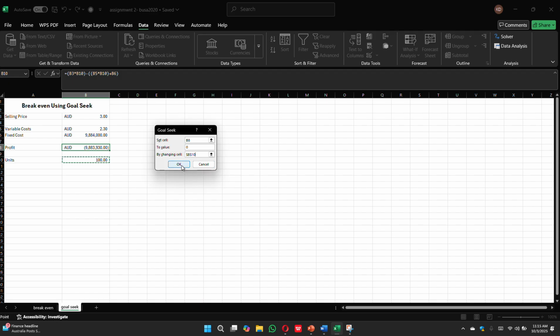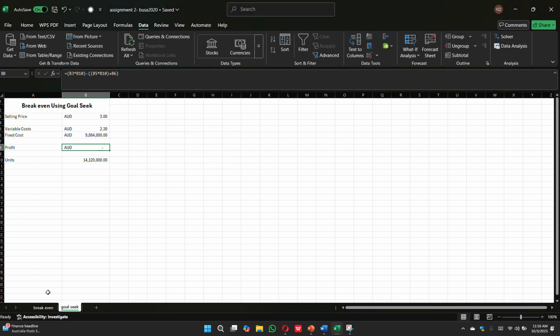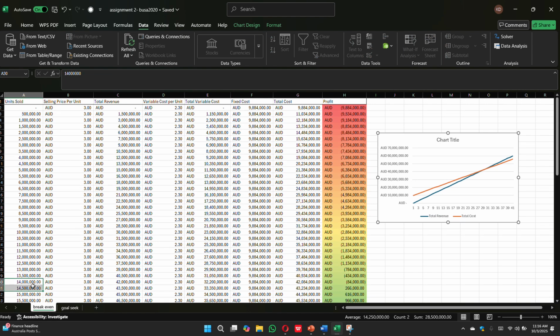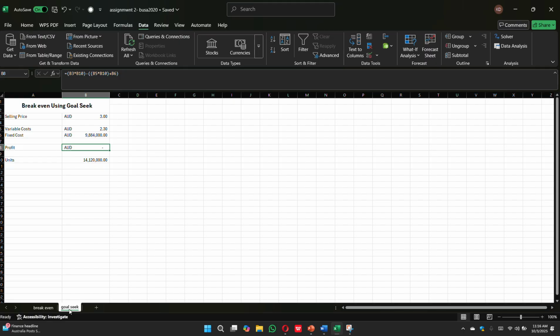Alright, let's try this out. There we go. It says it is at 14 million, or 14,120,000 loaves of bread. And it is between these two, so it's correct.